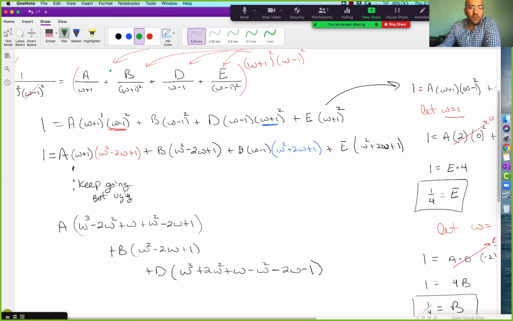So let's put it in there. This was foiling out that. And this guy is this guy foiled out. And then finally the last term there, and we already finished the foiling, so we don't have to do anything special with it, plus w squared plus 2w plus 1.